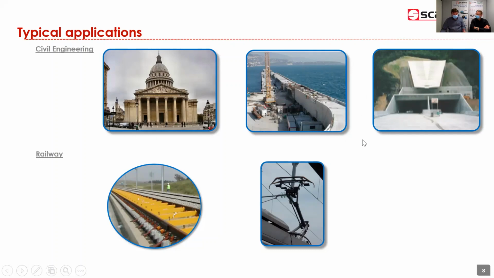In tunnels we have a very recent application of several kilometers, about 20 kilometers long, with different sections to be monitored. Here the interrogator and optical fiber have low loss, and also in tunnels you can have water penetration. So these are the two key points.